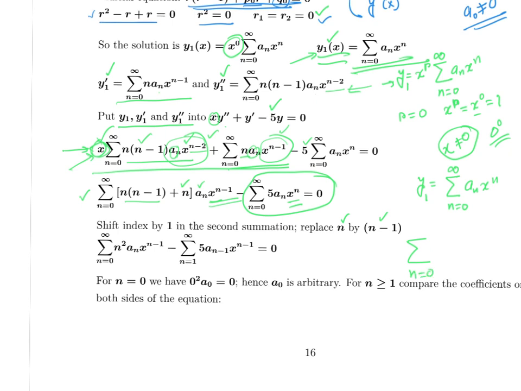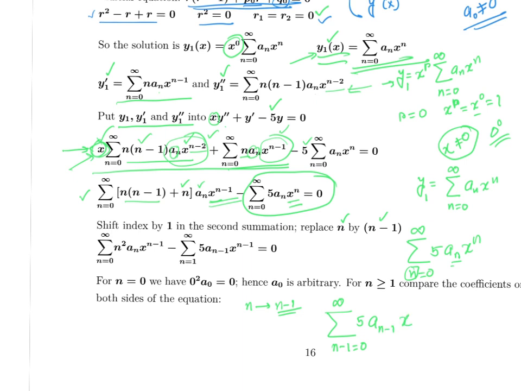N is equal to 0 to infinity 5 a sub n x to the power n. Now I'm going to replace n by n minus 1. So summation, there is an n here, so I'm going to put n minus 1 is equal to 0 to infinity. Then the number 5 is there, just a constant. A sub n now is going to be a sub n minus 1, right?